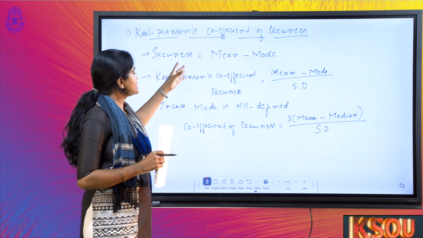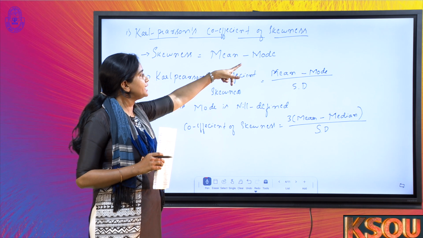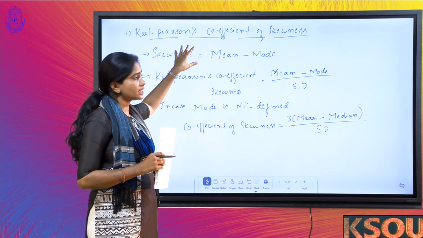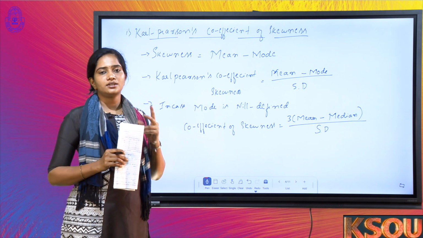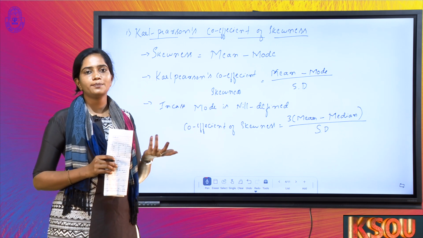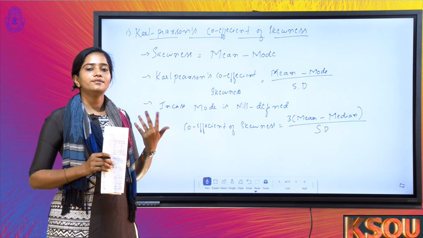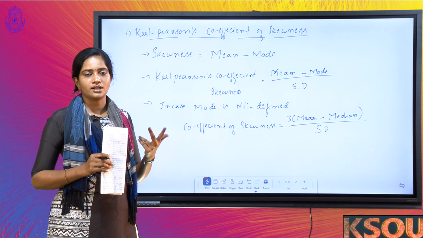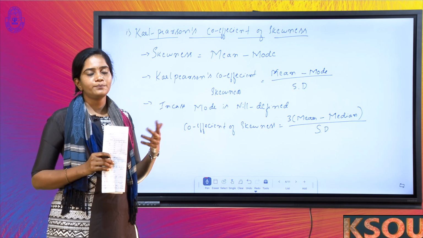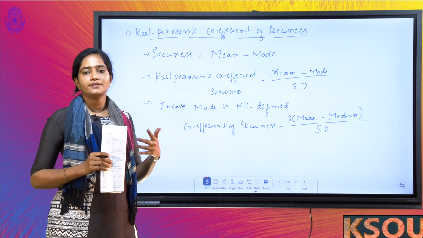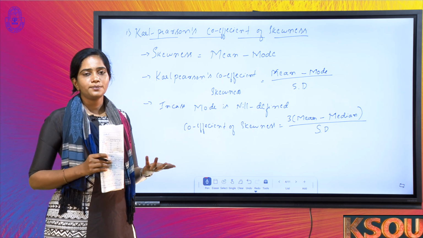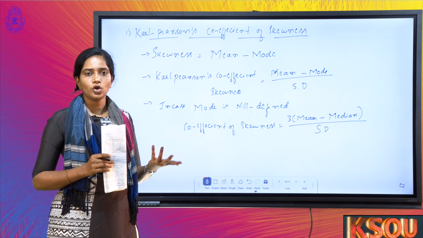Under Karl Pearson, the skewness is the difference between mean and mode. When we take two different measurements, say height of a person and weight of a person, we have two different units. Height would be in feet or inches, and weight is in kilograms.